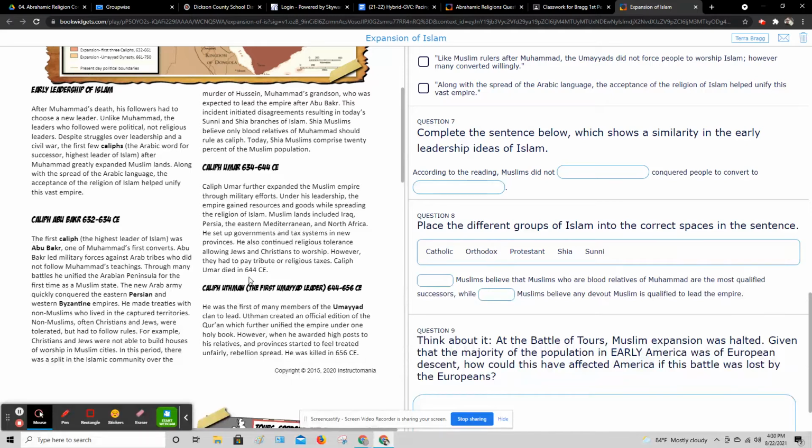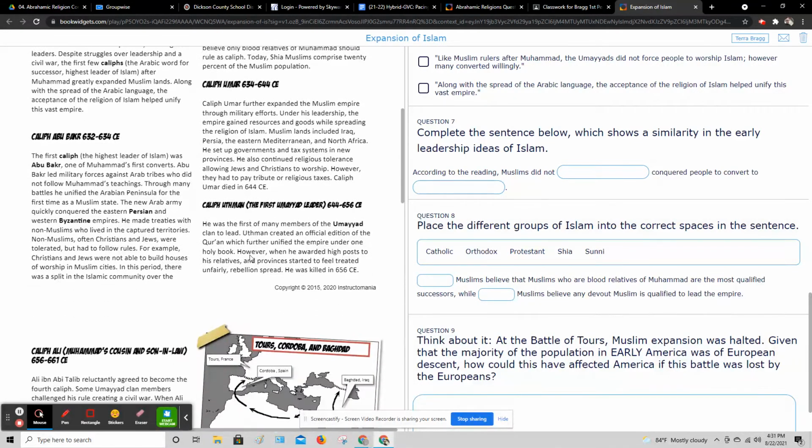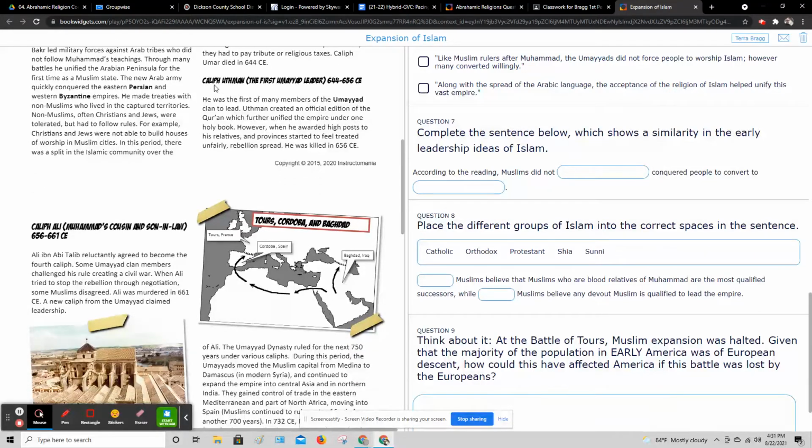Okay, these are all coming from the same Abrahamic teachings. So these are all coming from the word of Abraham. They're just doing it differently. That is why the Muslims are allowing Jews and Christians to still worship in the area. They are considered people of the book, meaning that they all are coming from the same teachings. They all are Abrahamic. They all started in the same place. Just something to think about as we go on.